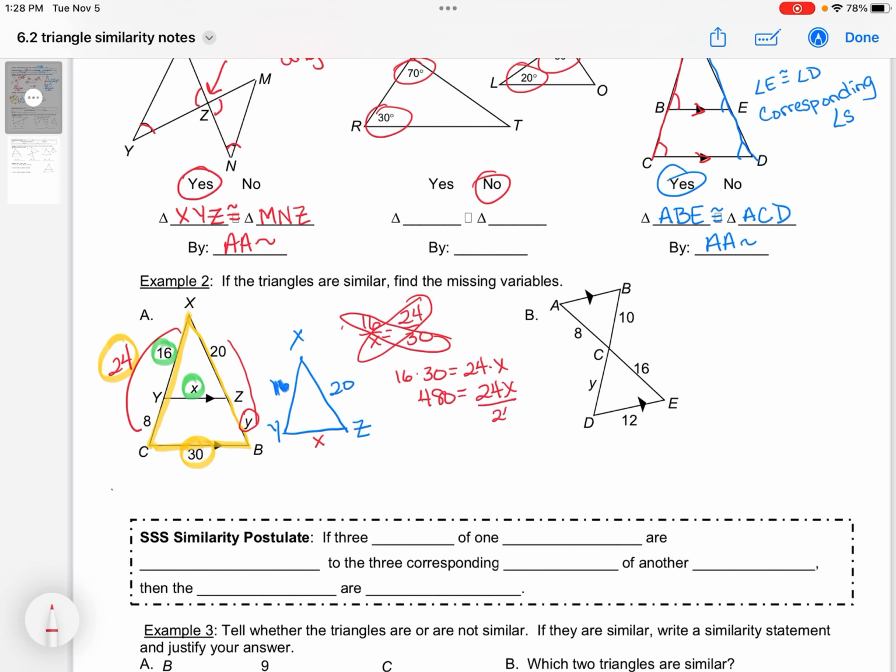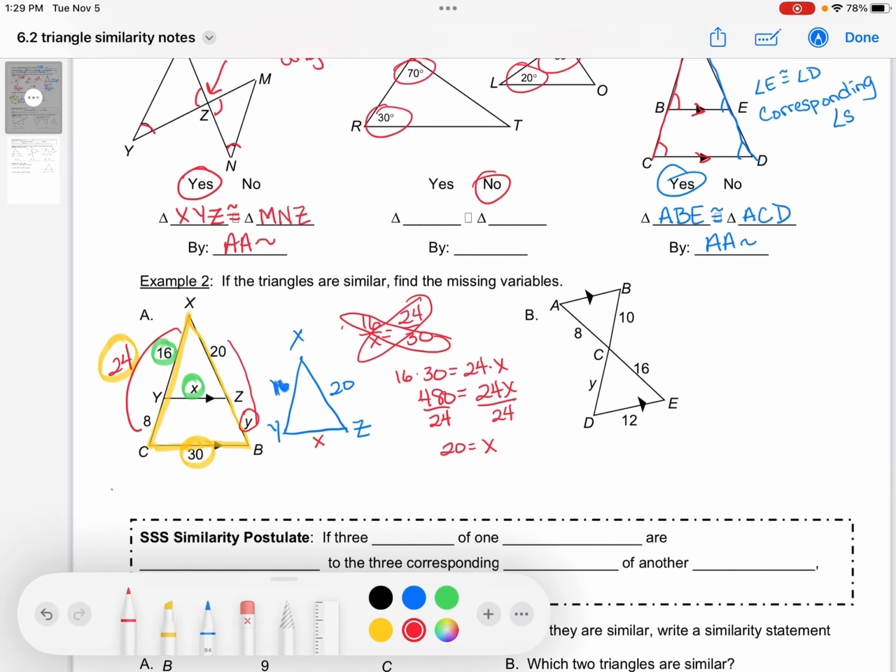And then I divide by 24, and I get 20. So that's going to be like 4/5, which would be 16 over 20, so that's perfect.